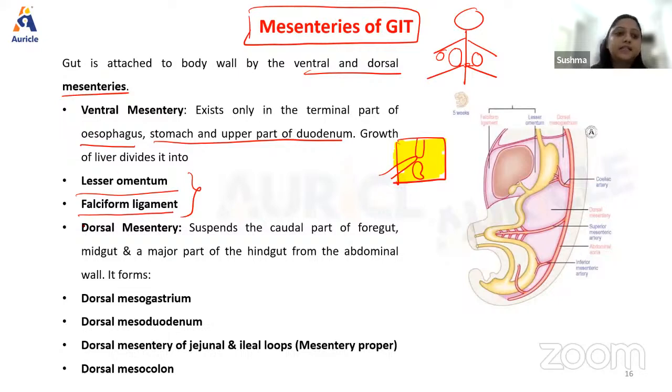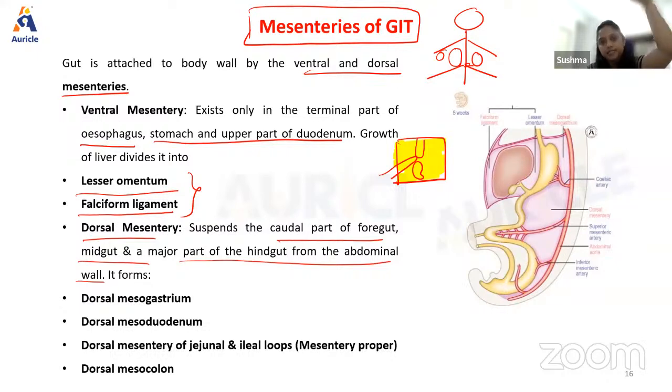Next, there's something called dorsal mesentery, which suspends the caudal part of the foregut and midgut and major part of the hindgut from the abdominal wall. Ventral is till the duodenum. Dorsal is from the duodenum downward. It forms dorsal mesogastrium, mesoduodenum, dorsal mesentery of jejunum and ileal loops, which is called mesentery proper, and dorsal mesocolon.